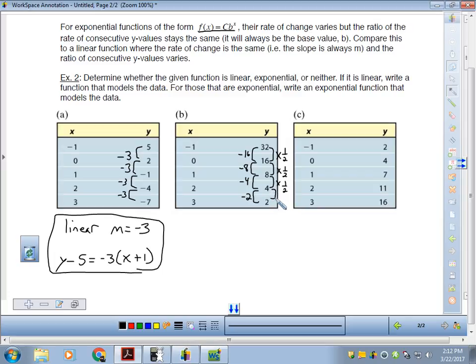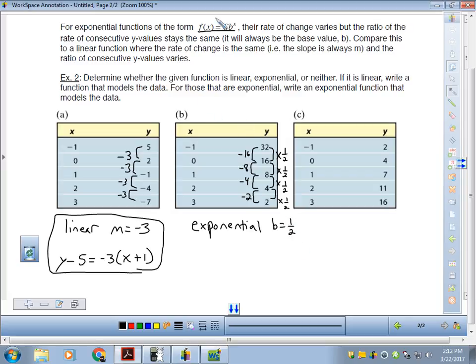And going from 4 to 2, that's dividing by 2 or multiplying by 1/2. So it is multiplying by the same number every time. It's multiplying by 1/2. Since it is the same number being multiplied, this function is exponential. And this number that we're multiplying by is our b. Our b is 1/2.